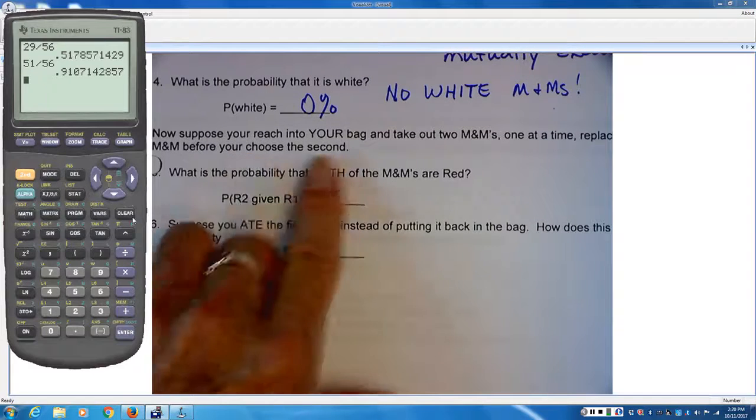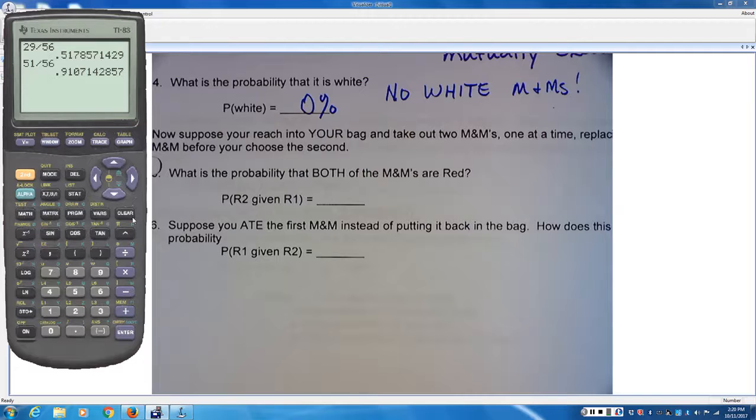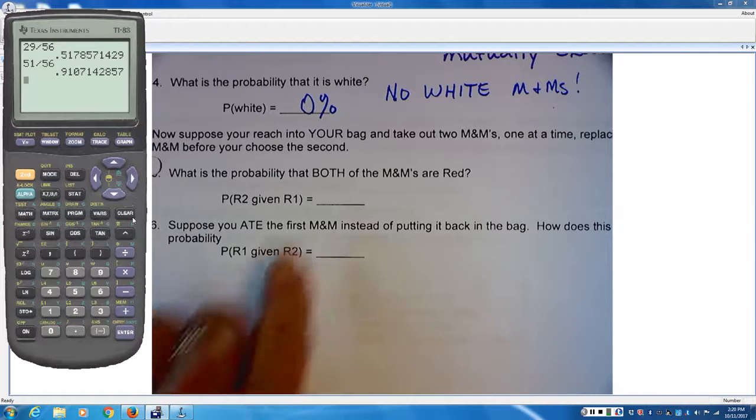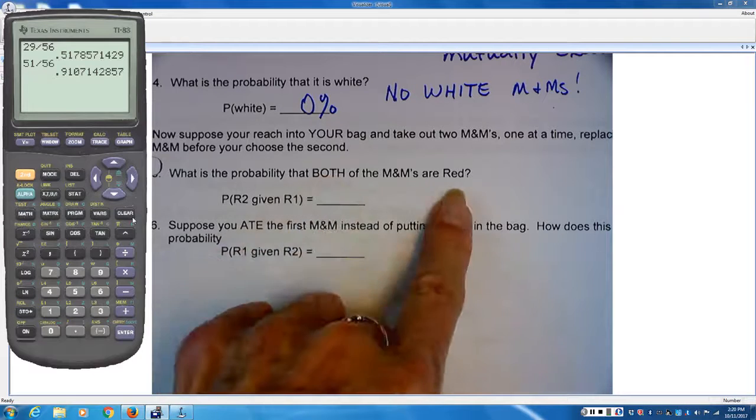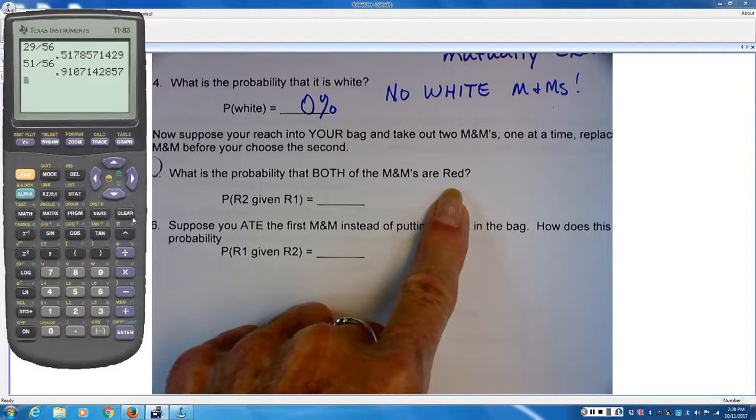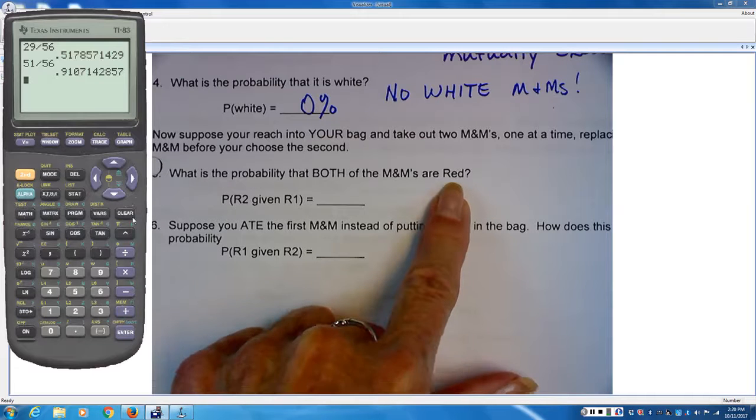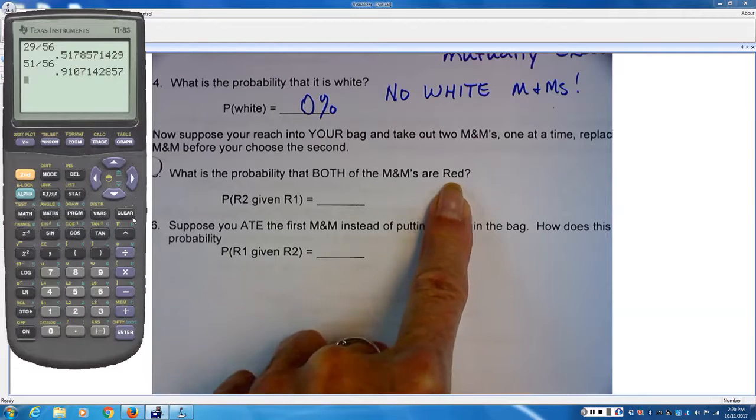Now suppose you reach into your bag and you take out 2 M&Ms, one at a time, and you replace the first one before you draw out the second one. What's the probability that both of those M&Ms are red? Is there anybody in here that only has one red M&M?